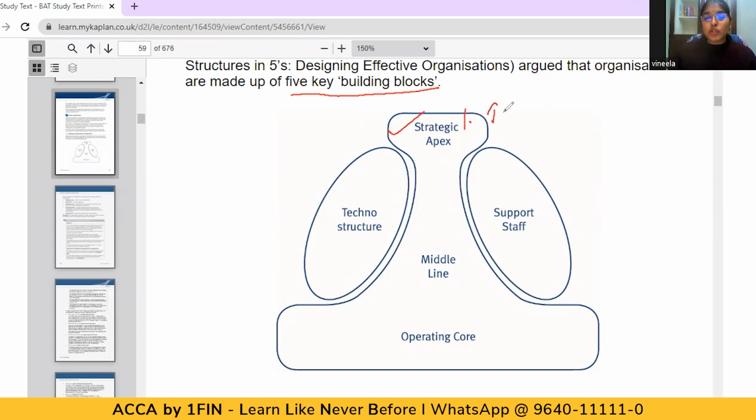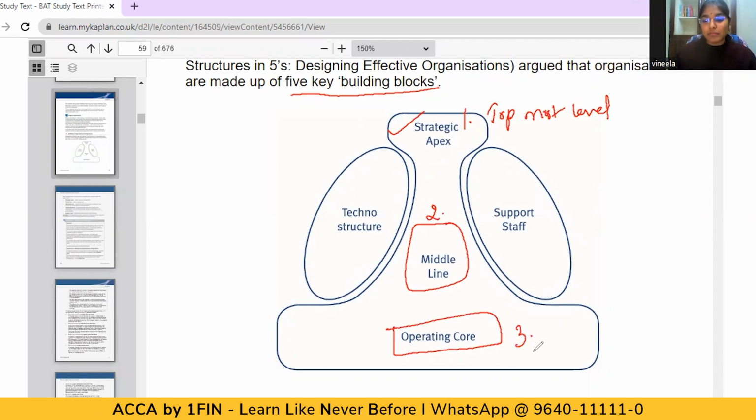It is the topmost level in your organization. The second level is your middle line, which is between your strategic apex and operating core. The last one and the foundation is operating core. And these 3 levels will be supported by technostructure and support staff.